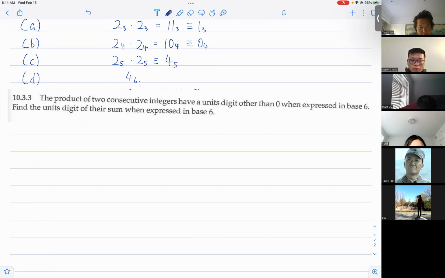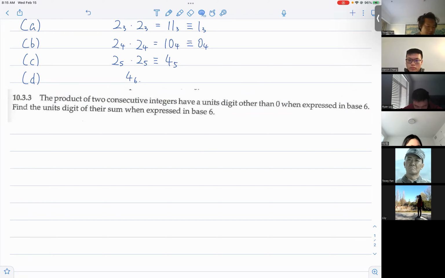Trial and error. Yes, great. So Rika, for this question we have to try. 就是说有两个连续的整数，在 base 6里面，它们乘完之后的结果的个位数不是零。那我们就试一下，是哪两个整数乘出来不是零。So we do trial and error.